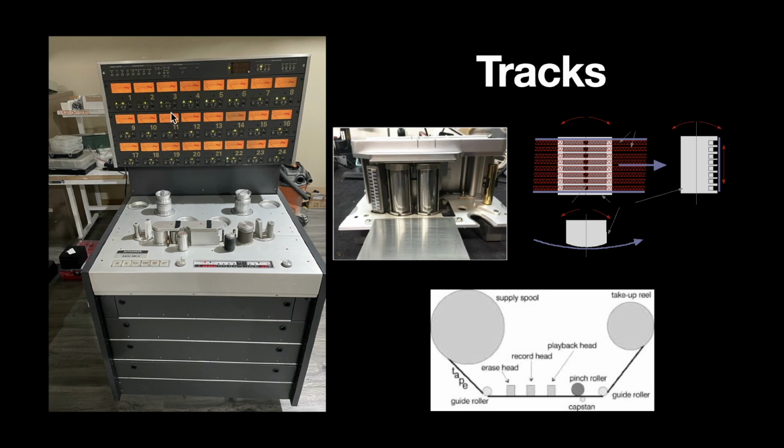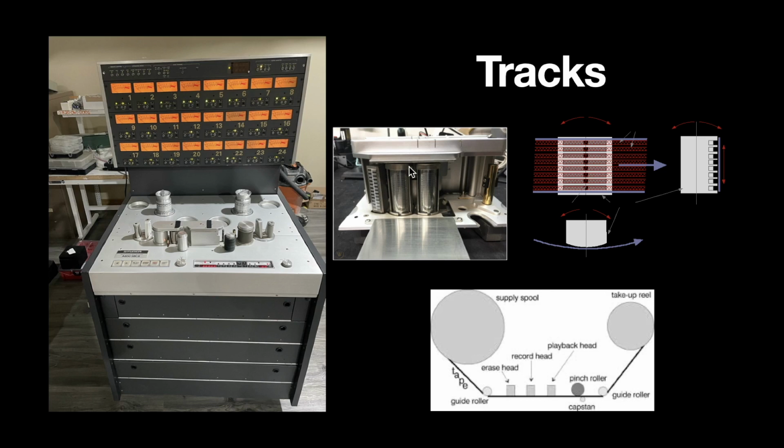Tracks came from a 24 track. Well, actually, they started from a mono machine, a one track machine, and they went to a 24 track tape machine for analog tape. And that's where we get the term tracks, right? The tape machine has magnetic transducers that take the electrical signal coming in from a microphone and magnetize tape with it.